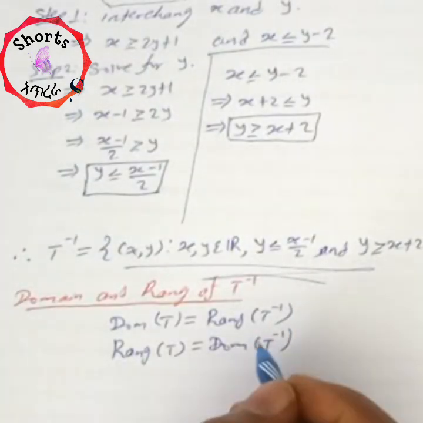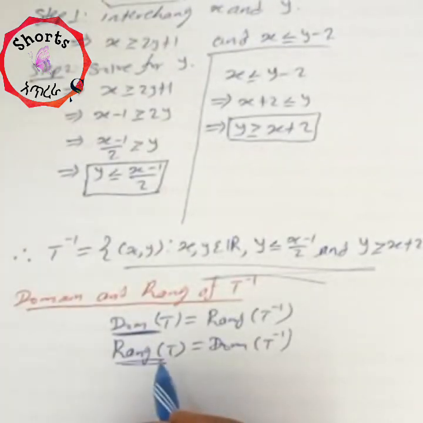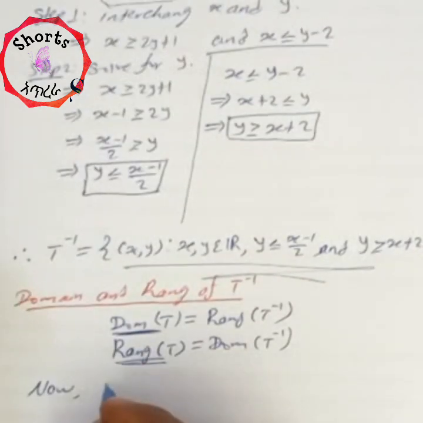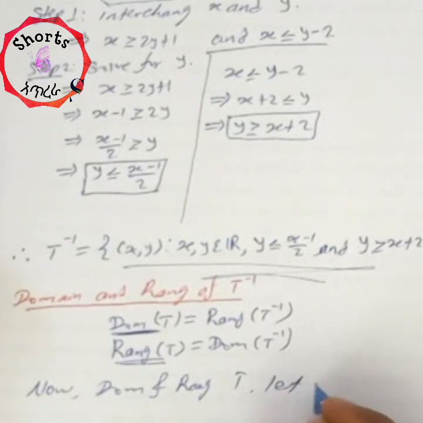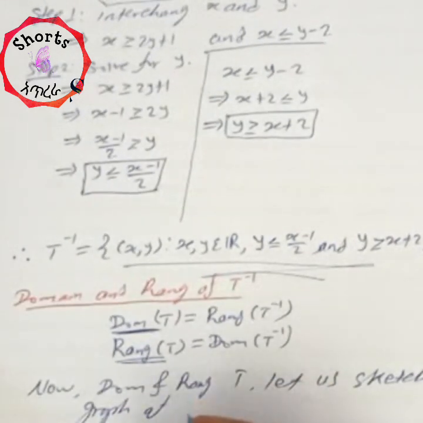Therefore, to obtain the range and domain of T inverse, it is enough to determine the domain and range of the given relation T. Now, to determine the domain and range of T, let us sketch the graph of the relation T.